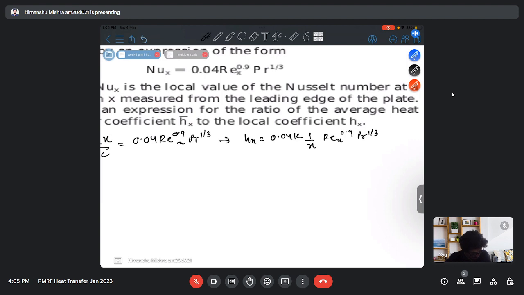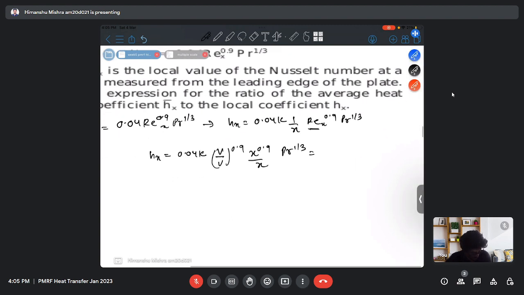So I can further expand my Reynolds number, because my Reynolds number is a function of x, which is (v/mu) x to the power 0.9, over x^(1/3). Now I can just collect all the constants.